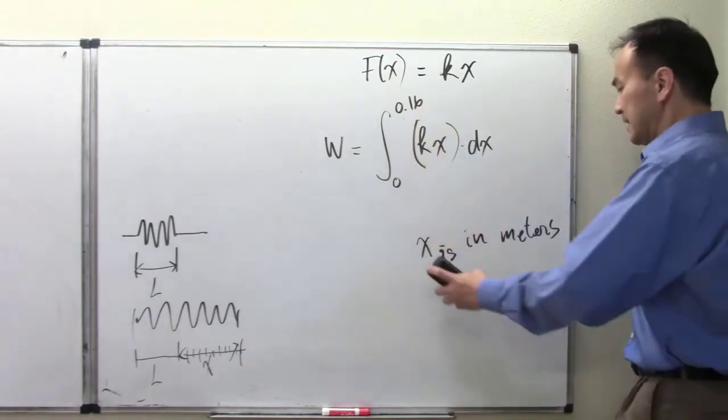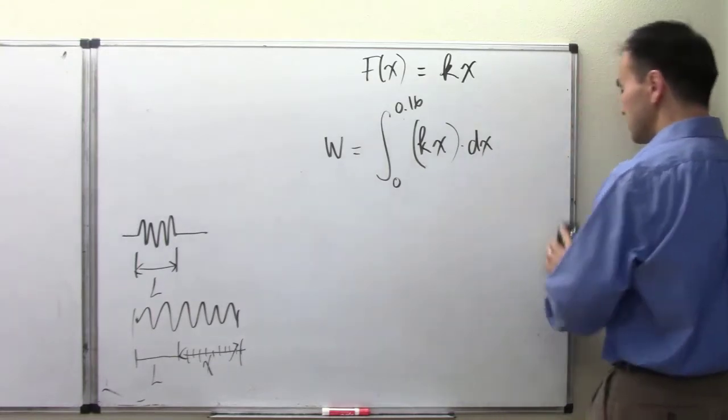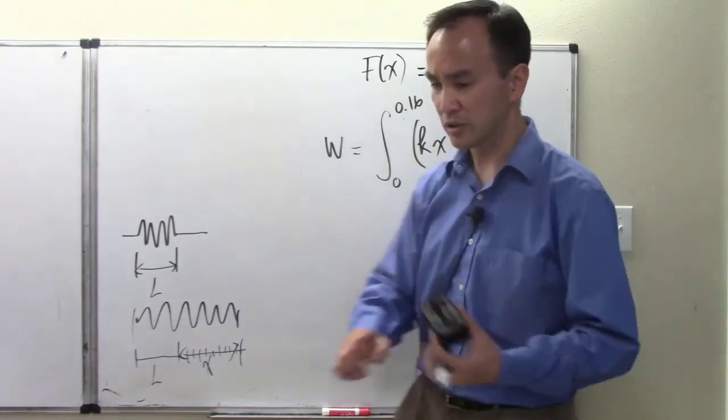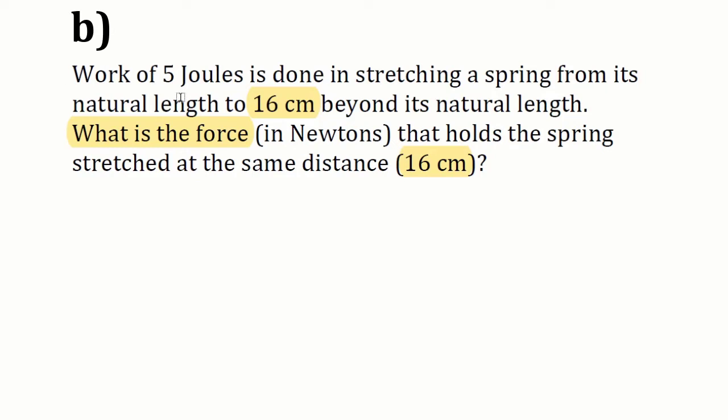According to the problem, a work of 5 joules is done when stretching the spring from its natural length to 16 centimeters beyond its natural length. It takes a work of 5 joules to get it done.